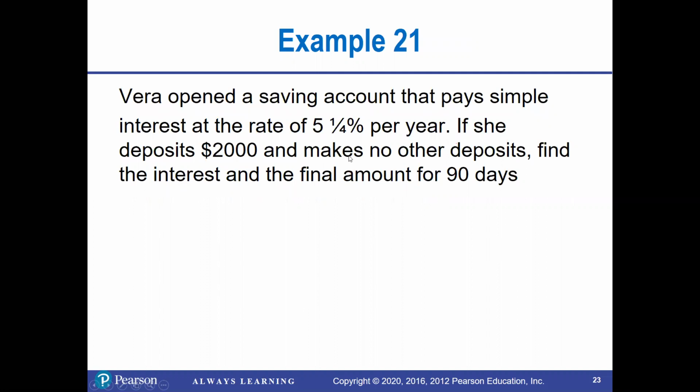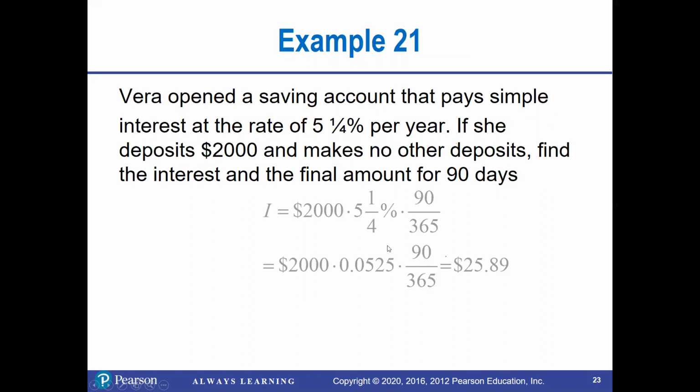Okay? If you open a savings account, pay simple interest, so we use that formula at 5.25%. If she deposits $2,000 and makes no other deposits, find the interest and the final amount after 90 days. Okay, now here's what you have to do, because so you have the 2,000, your 5.25% would be 5.25%, which is 0.0525, and then your time is in years.